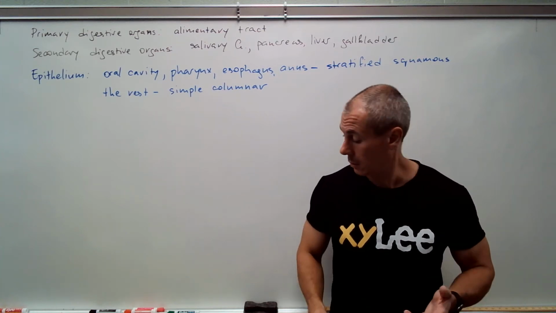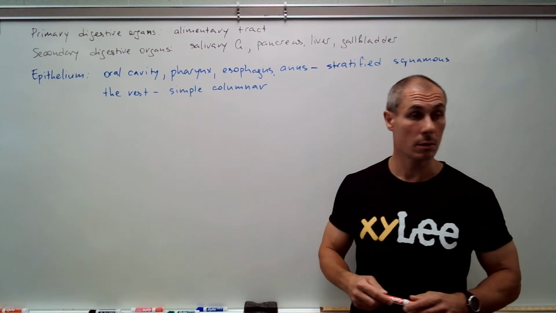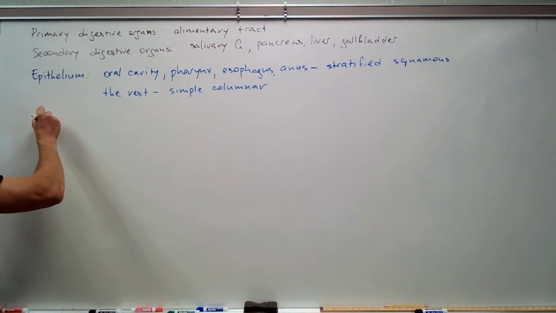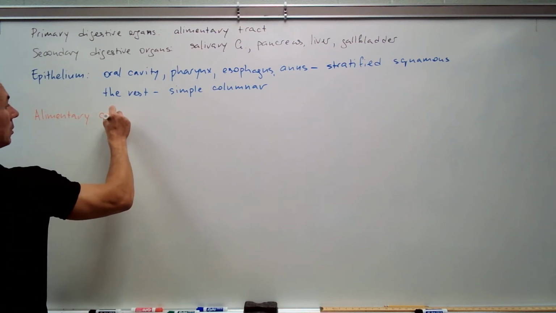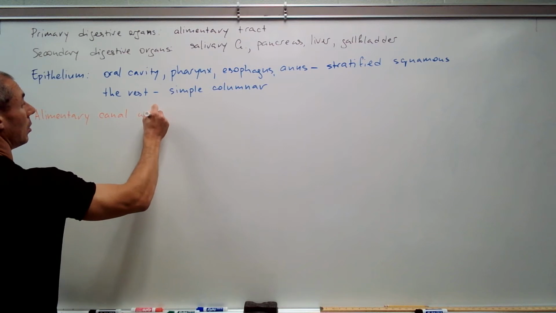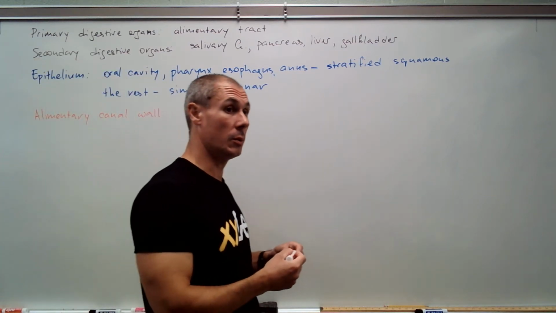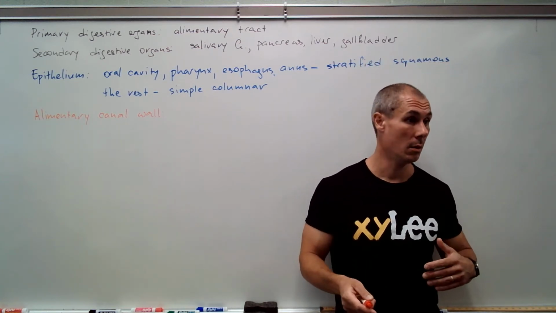And finally, another anatomical piece: the general structure of the alimentary canal wall. Full disclosure, this will belong mostly, almost exclusively, to the stomach and intestine.